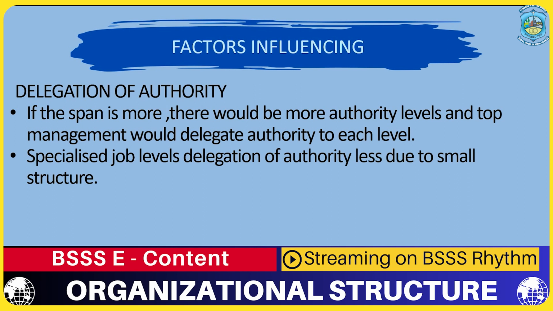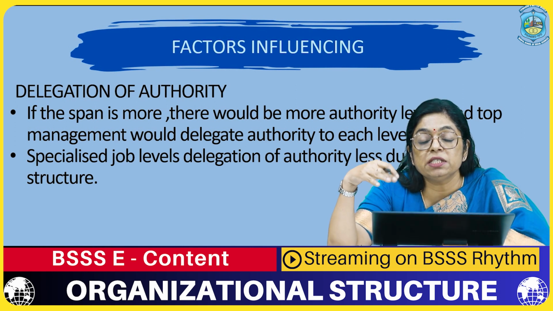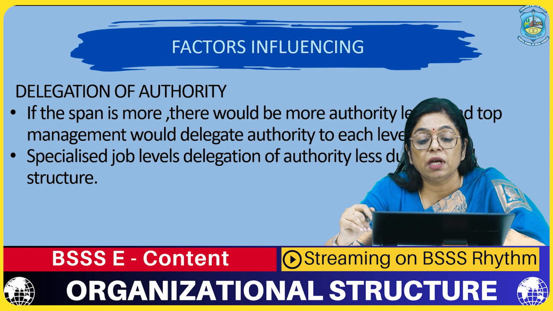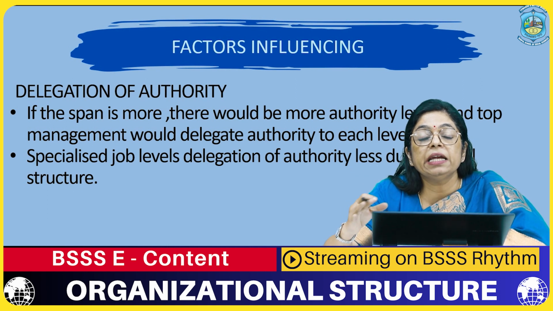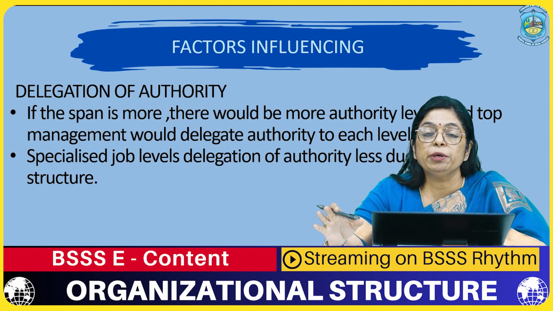When the span of control is more because the organization is large, the people who are going to control will control a larger number of subordinates. That means there would be more authority levels, and the top management is going to delegate the work to a larger number of people.